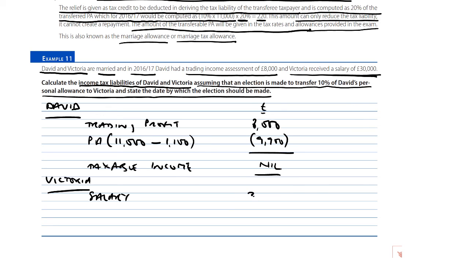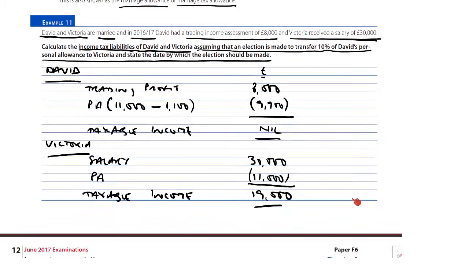Salary, what did she have? £30,000. Now, what personal allowance does she have? She has her basic personal allowance of £11,000. That does not change. That brings her down to a taxable income figure of some £19,000.